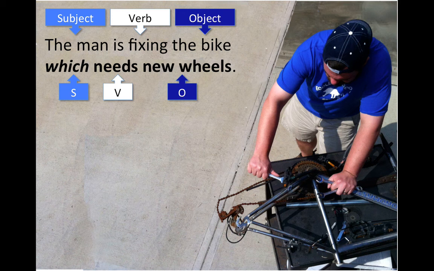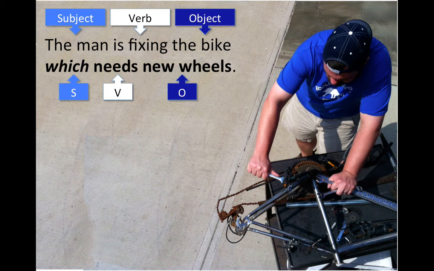How do we know? There's no other subject in the relative clause, so the relative pronoun must be the subject. We saw that in the original sentence, which replaced the bike, the subject of the verb needs. So again, this is a subject-focused relative clause, which needs new wheels, modifying the object in the main clause, the bike. This is the first combination.